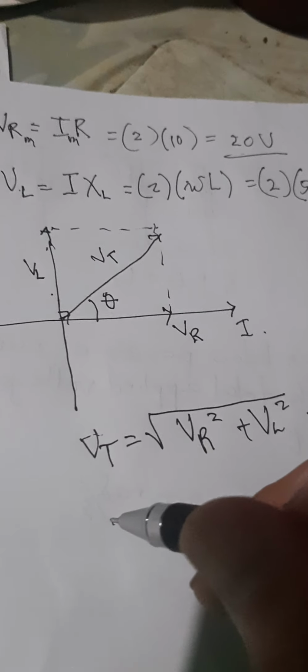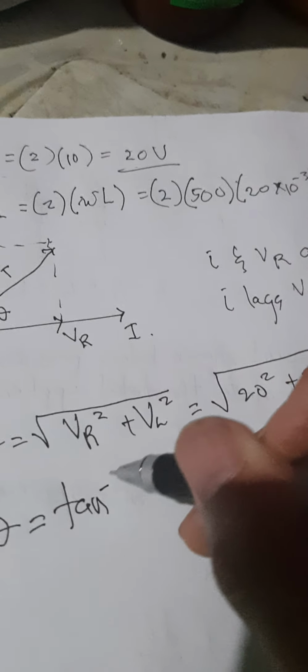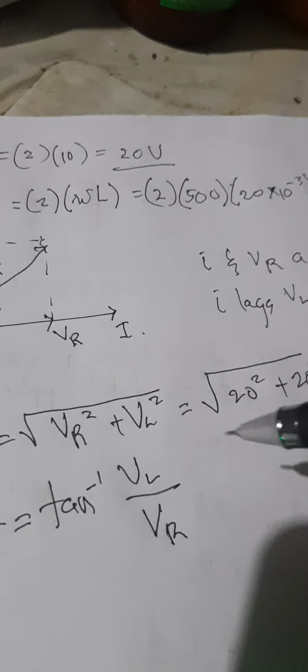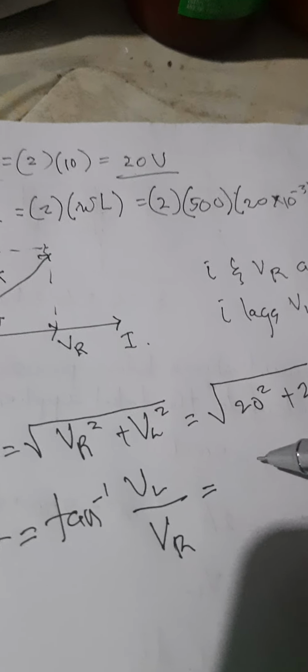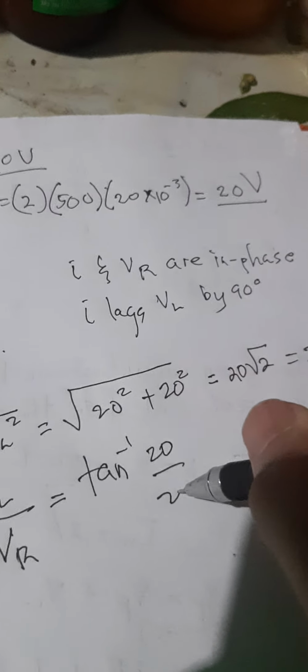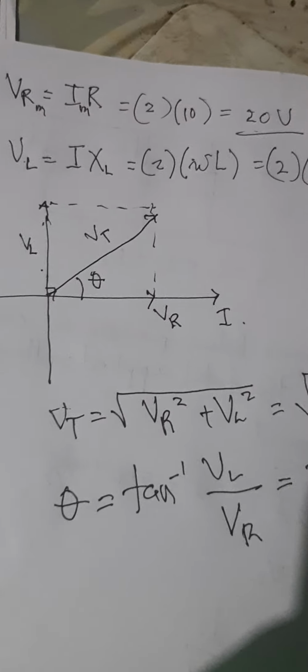Okay. At ano yung angle theta? That is arctangent of VL over VR. Arctangent of 20 over 20. Na makikita nyo na parehas lang rin naman yung makakompute natin na values, considering magnitudes lang.